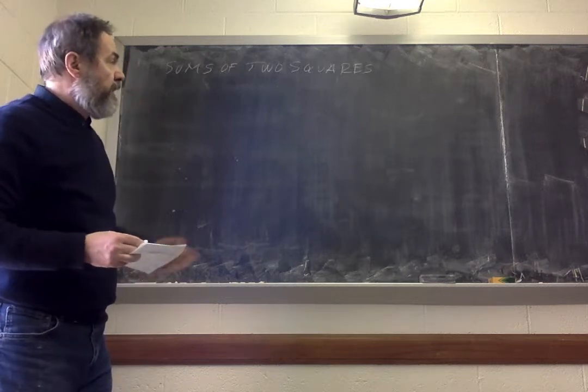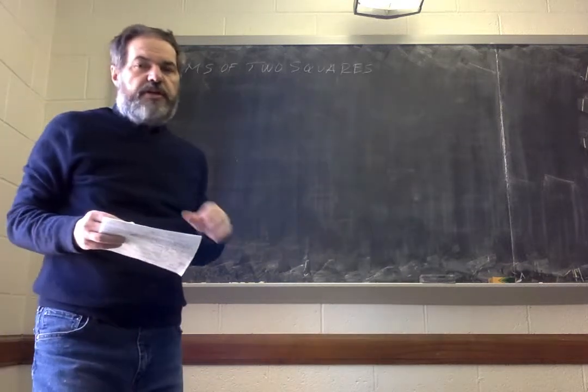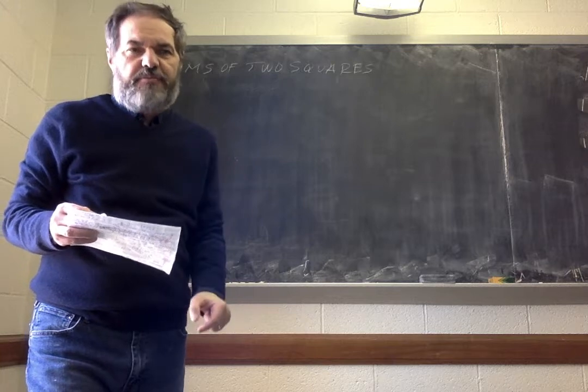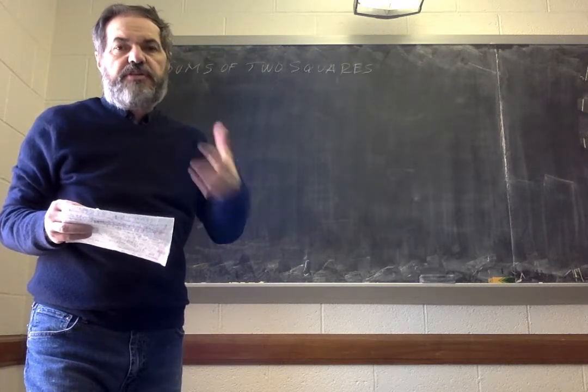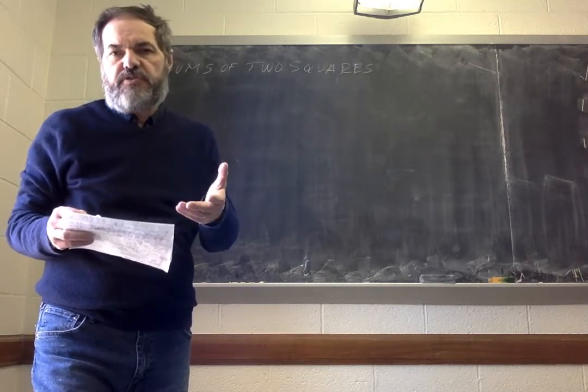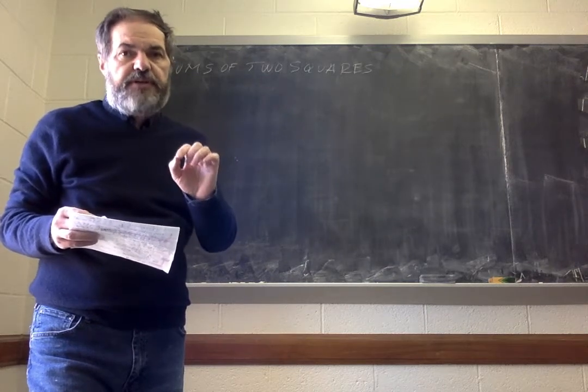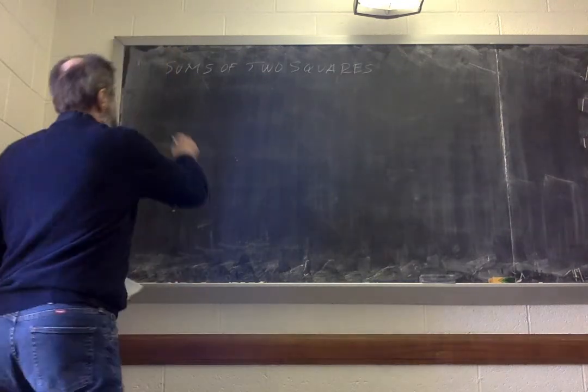Now, here we talk about, again, just a qualitative type of question. Is the given number a sum of two squares, yes or no? And we have a very simple criterion for primes. Let's write it.